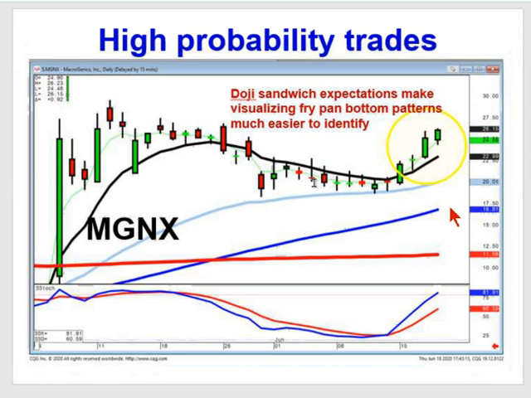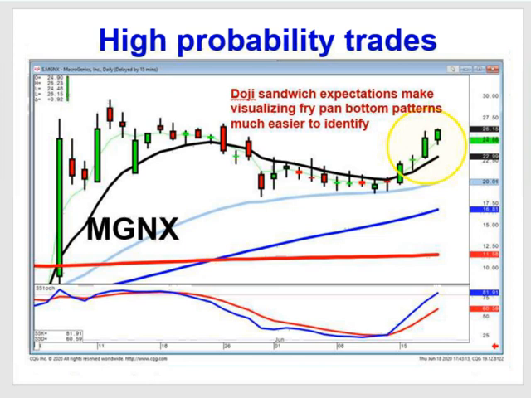What scanner criteria are useful for finding potential breakouts before they break out? Usually you're going to find a pattern setup as it's developing.